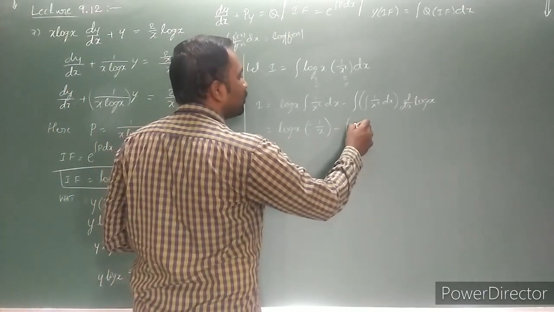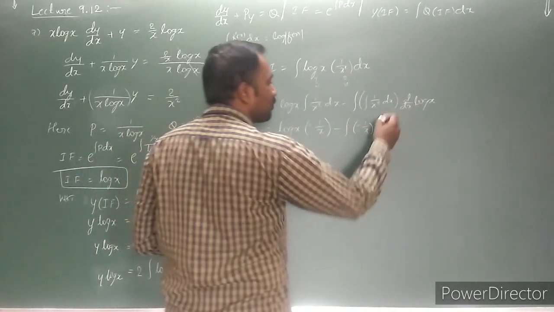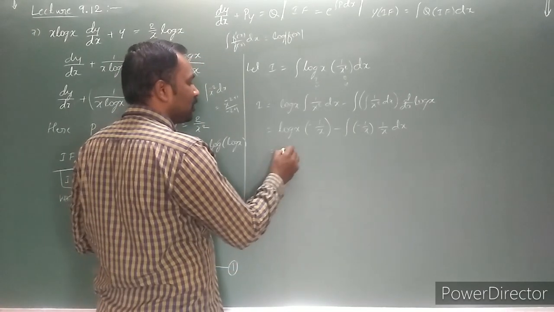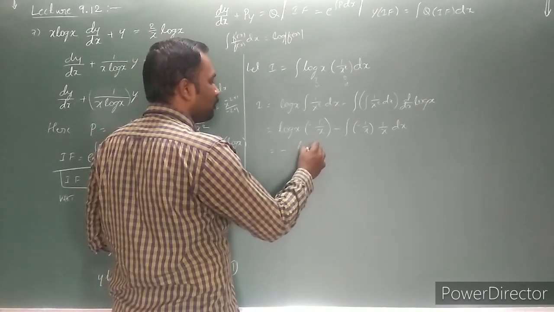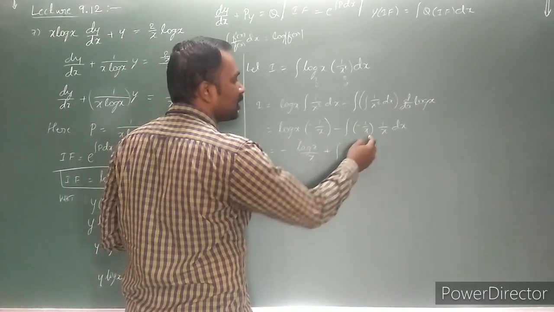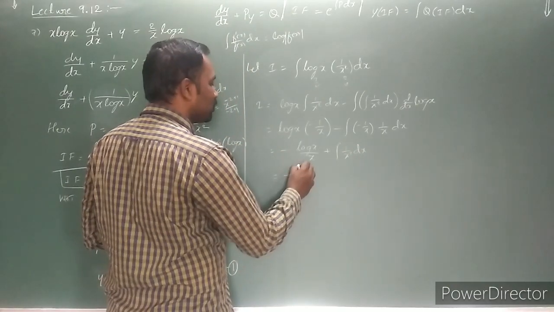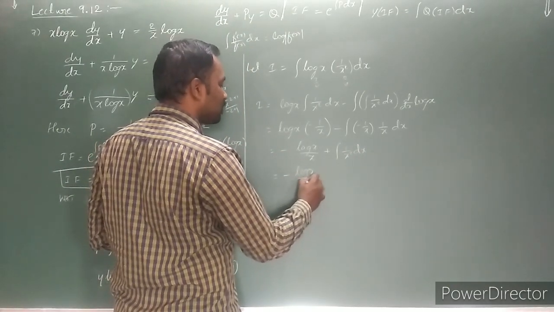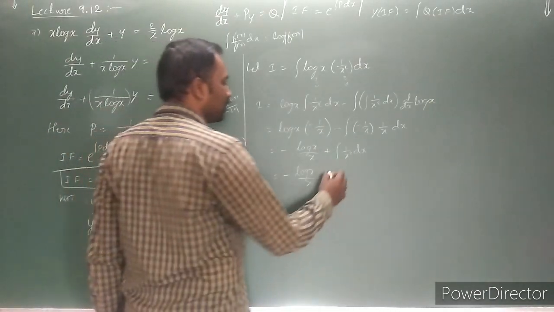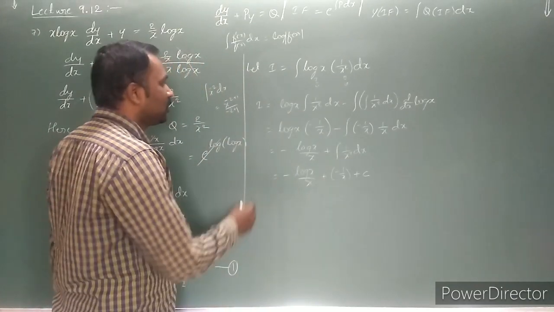Minus integration of minus 1 by x, the integration of 1 by x square, into differentiation of log x, which is 1 by x into dx. So minus log of x divided by x, minus minus plus integration of 1 divided by x square into dx. So minus log of x divided by x, plus, we already know the integration of 1 by x square, that means minus 1 divided by x, plus integration constant c.